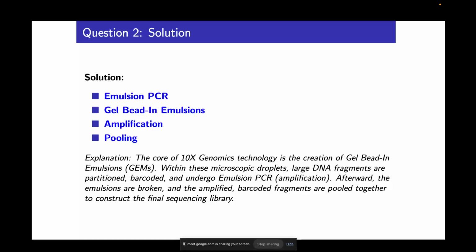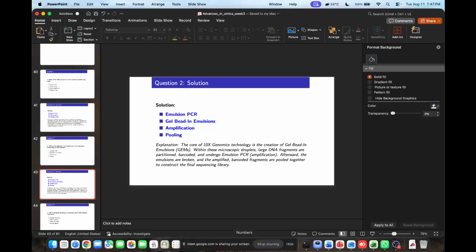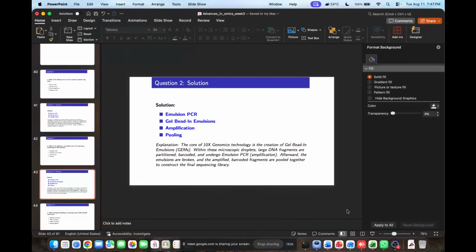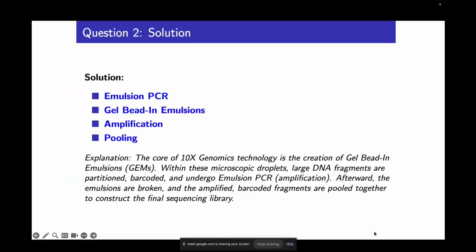After that, the amplification is done using the emulsion and the gel bead emulsion PCRs. Further, the amplification is definitely done using the first two techniques, and pooling will also be done to create the library. So actually all of them, and the first and the second options are exactly the same thing. A lot of you answered B, but actually all of them is the answer.